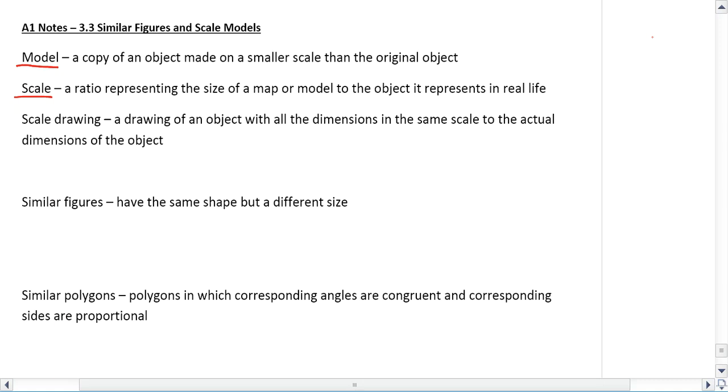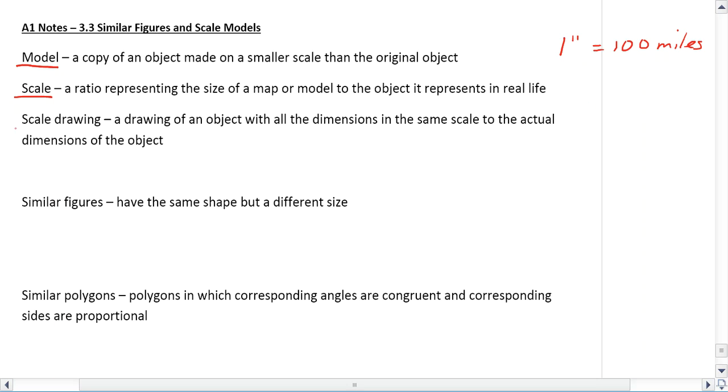On a map, sometimes you see at the bottom that 1 inch equals 100 miles. So you need to know the scale so that we can go back and forth, and from a small model or map we can tell how far or how big it is in real life.